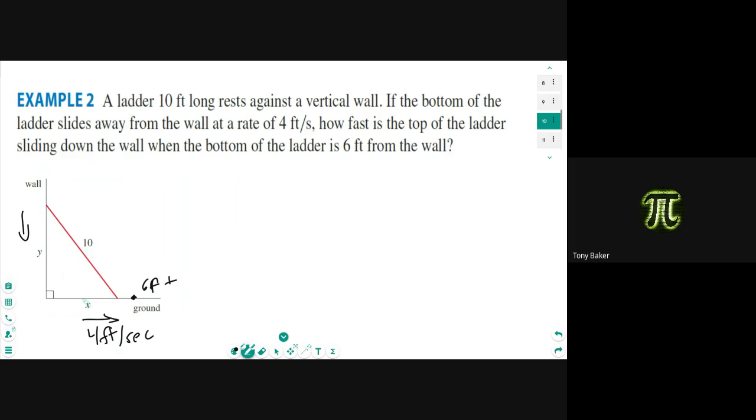Okay. So what do we have here? A right triangle. Okay. What do we know? What can we do with right triangles? That can help us find the hypotenuse. Okay.